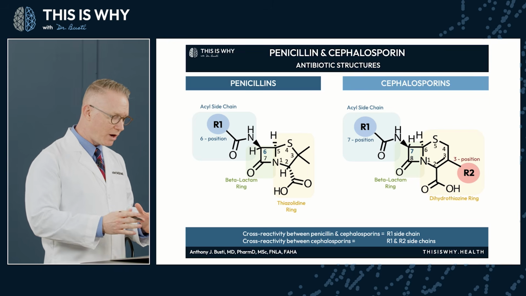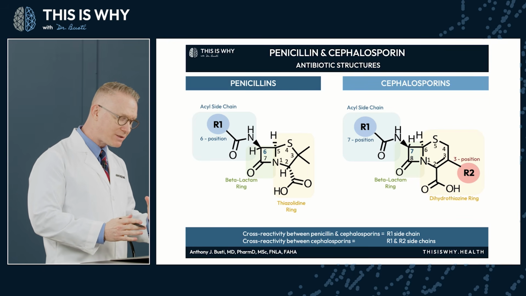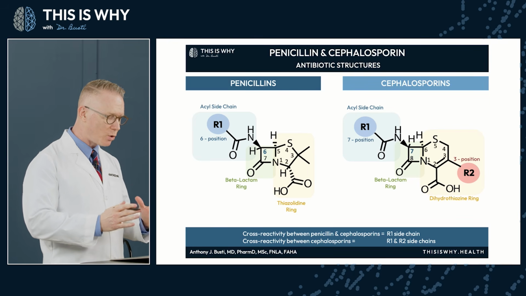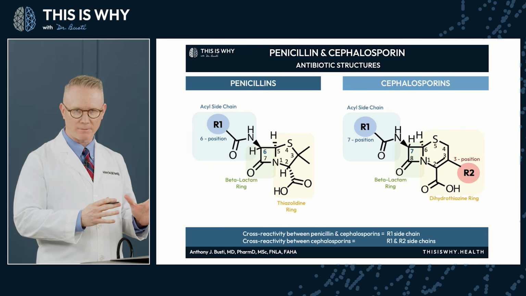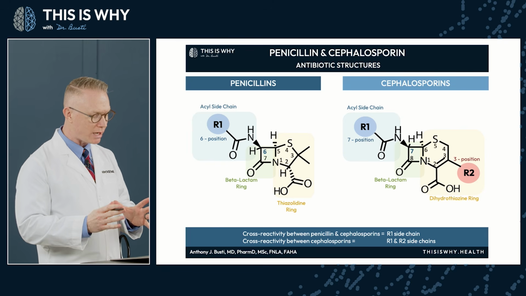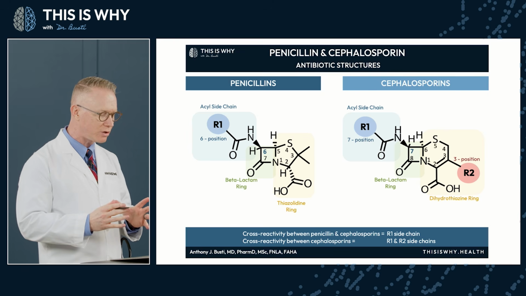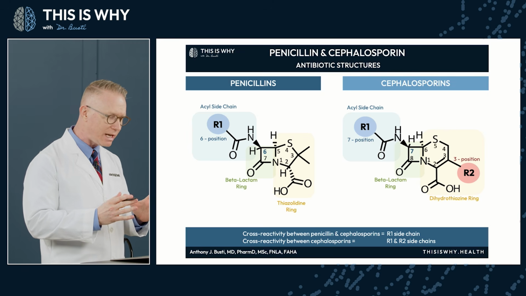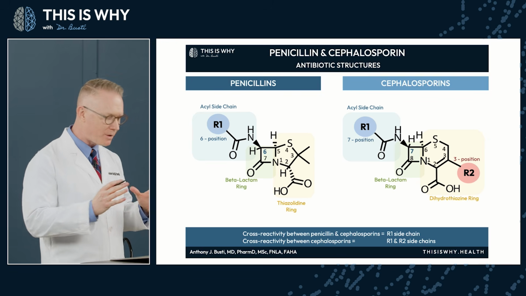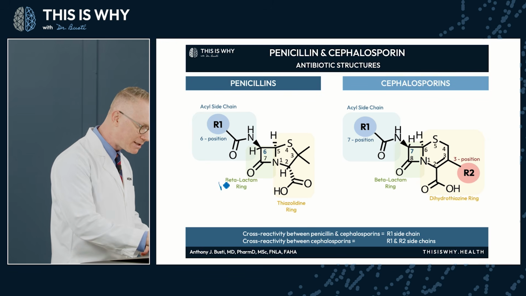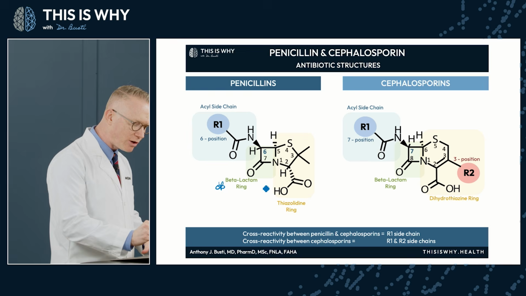Okay, so what you see here in this particular diagram is on the left side of the screen, we have the basic core structure of penicillin. On the right side of the screen, we have the basic core structure of cephalosporins. You can see that both of them have the beta-lactam ring as identified in the shaded green area.